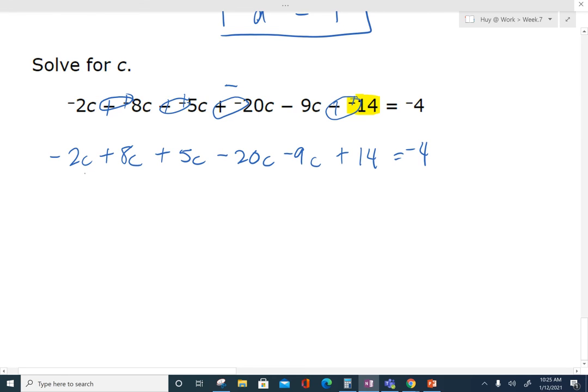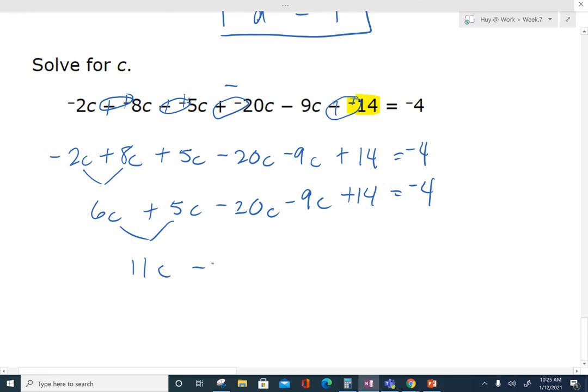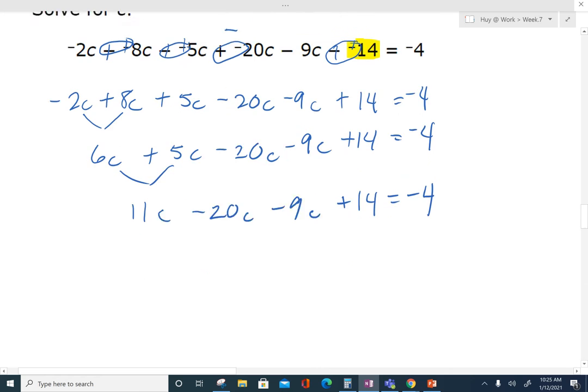All right, so now let's start solving this. Negative 2 plus 8 is 6c, plus 5c, minus 20c, minus 9c, plus 14 equals negative 4. All right, this is 11c minus 20c minus 9c plus 14 equals negative 4.